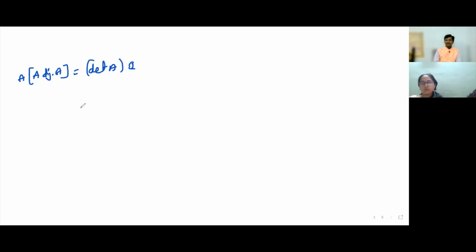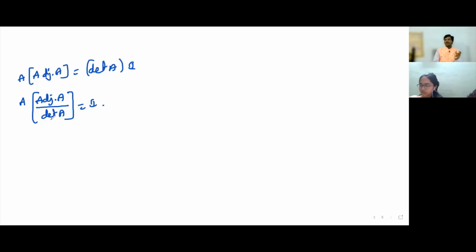Here det A is a multiplier, so if you take it to this side, it divides. So A into adjoint A divided by det A is equal to I.